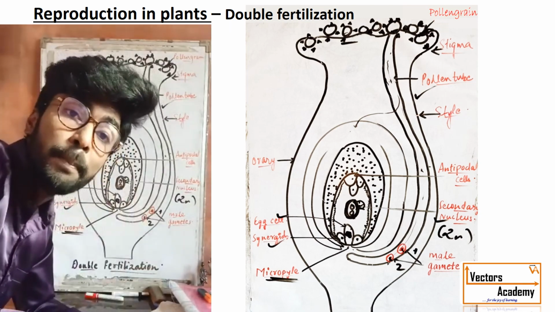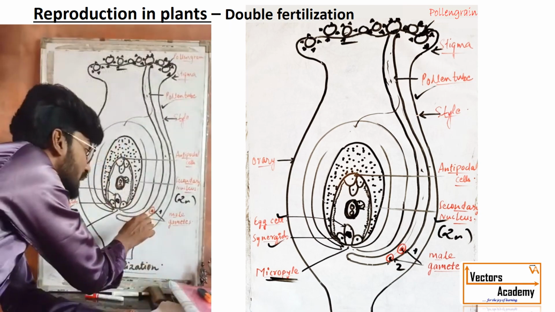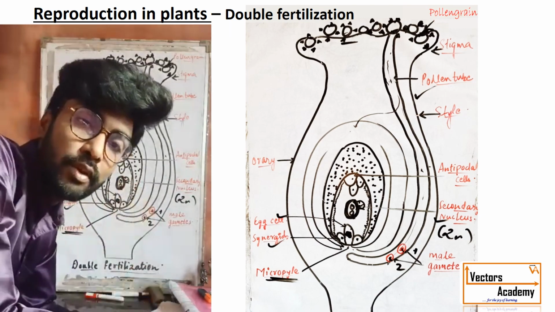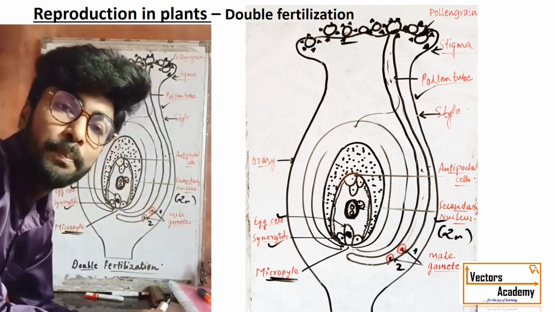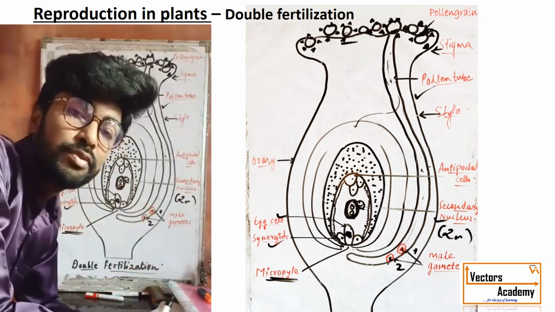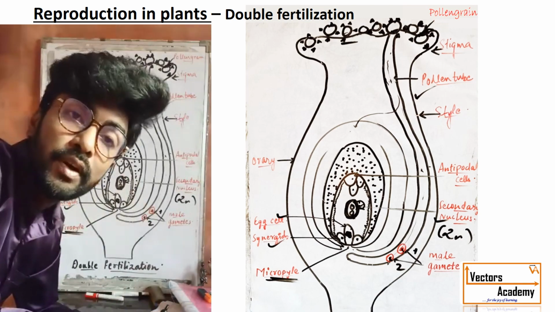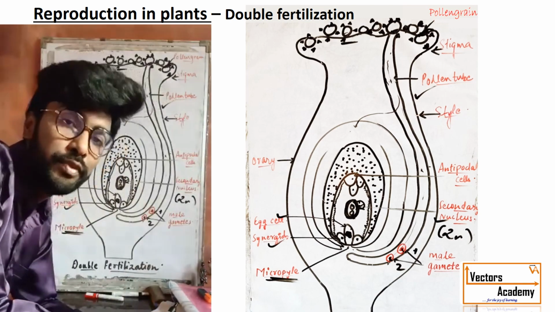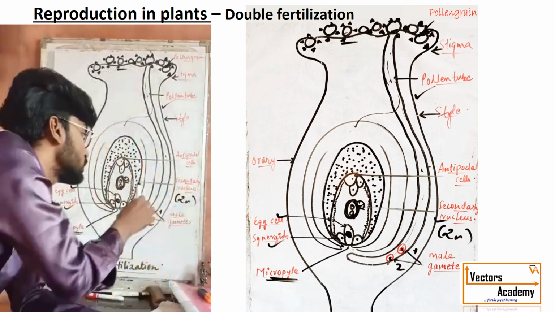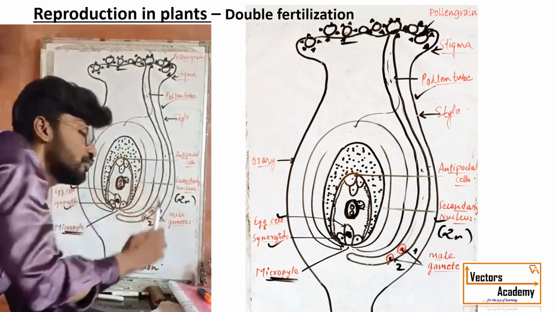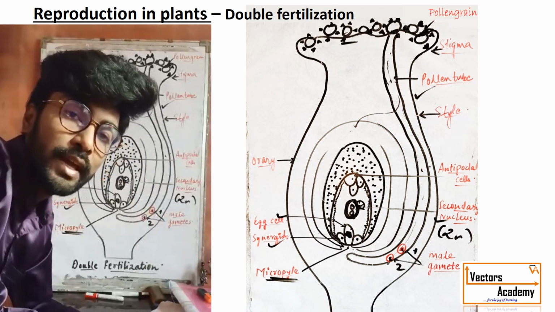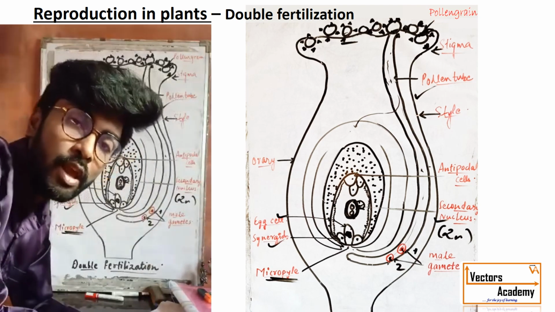Triploid means this haploid male gamete and this diploid secondary nucleus will lead to the formation of a triploid primary endosperm nucleus. So the second process is generally called second fertilization or triple fusion. That is the process where the second male gamete fuses with the secondary nucleus to form a triploid primary endosperm nucleus.